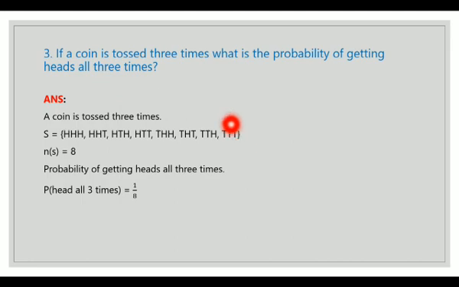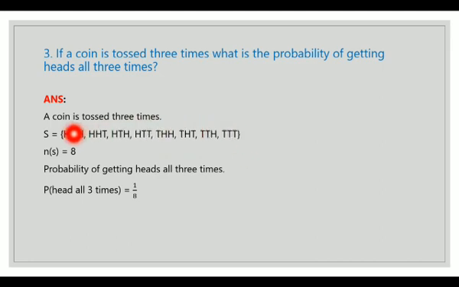The next sum. If a coin is tossed 3 times, what is the probability of getting heads all 3 times? So the solution: a coin is tossed 3 times. The sample space is HHH, HHT, HTH, HTT, THH, THT, TTH and TTT.